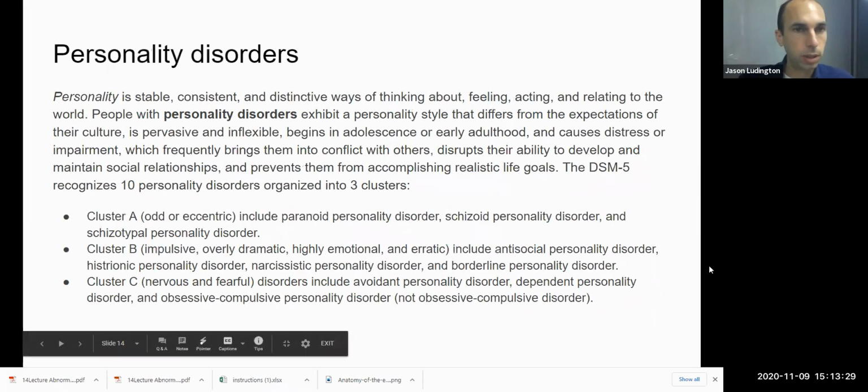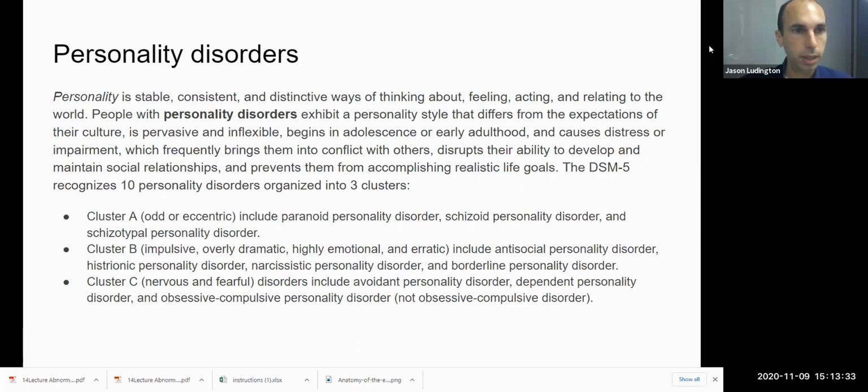Okay, so the next disorder is personality disorders. This is a class of disorders. There's 10 of them. Personality is a stable, consistent, and distinctive way of thinking, feeling, acting, and relating to the world.